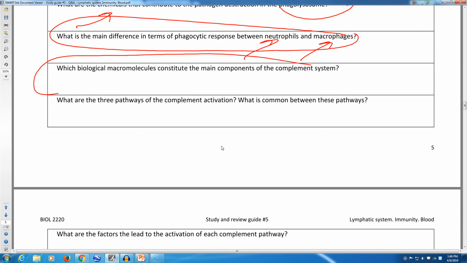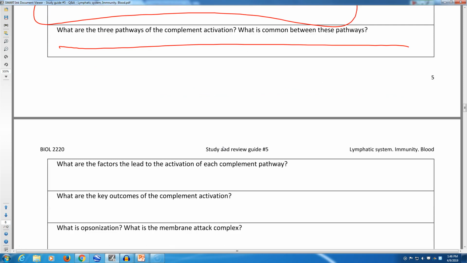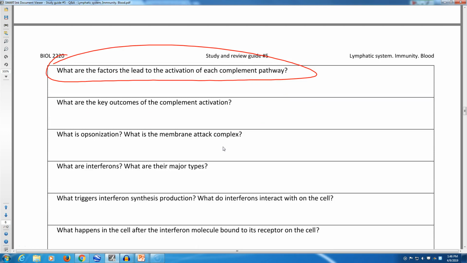Main components of the complement system: proteins, 3 pathways, classical, alternative, lectin. Know what activates each pathway. I will ask you about that. What is common? They converge on this one spot, C3b. So the factors that lead to activation all converge together. Key outcomes: increased inflammation, phagocyte recruitment, opsonization, and membrane attack complex.